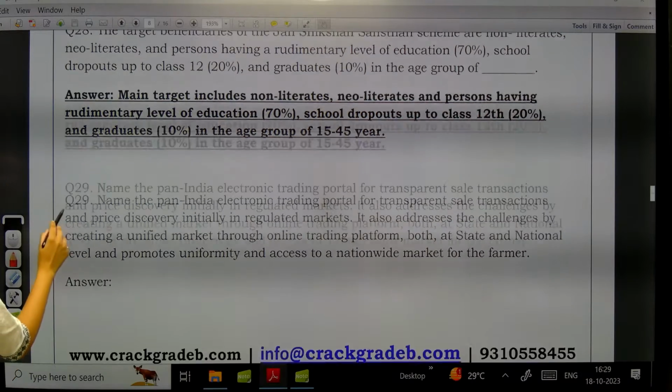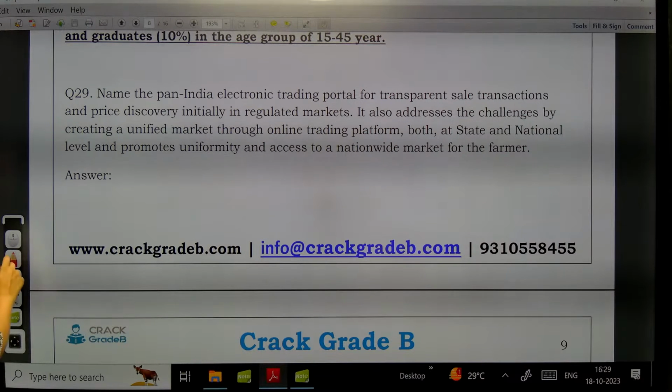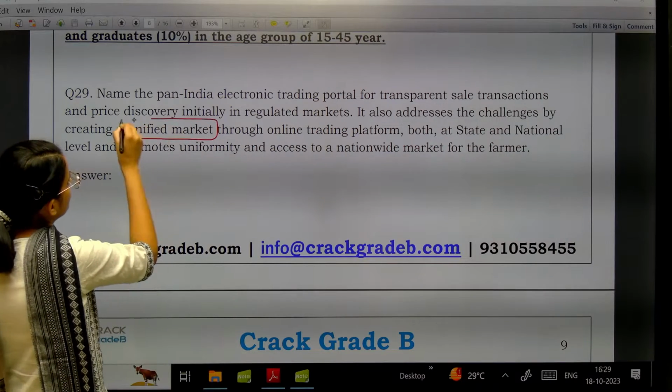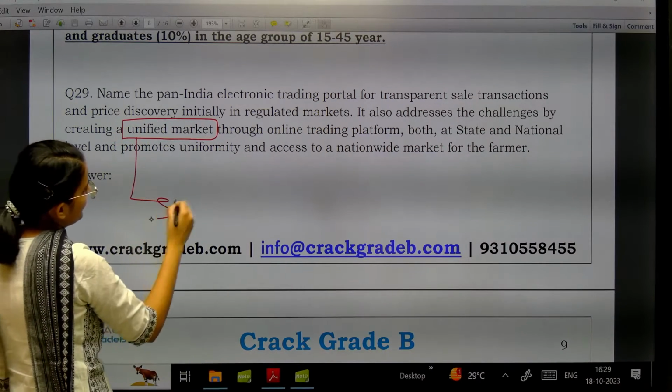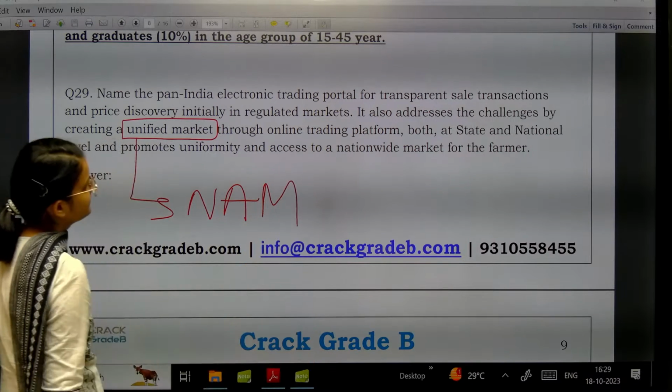Next question is, name the pan-India electronic trading portal for transparent sale transaction and price discovery initially in regulated markets, which also addressed the challenges by creating a unified market. You could guess from here, it is NAM only, right?